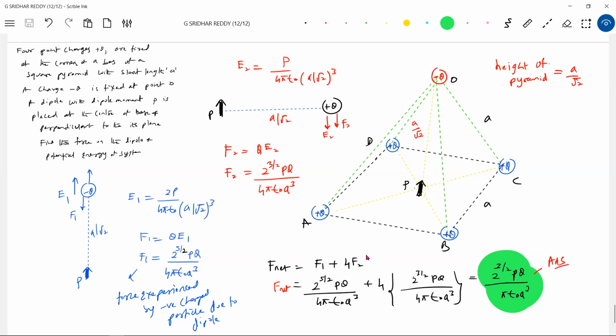Some calculations. How much will it become? 2 to the power 3 by 2 into 6 PQ by 4 pi epsilon naught. 2 to the power of 6 PQ by 4 pi epsilon naught. Can't we write this further?